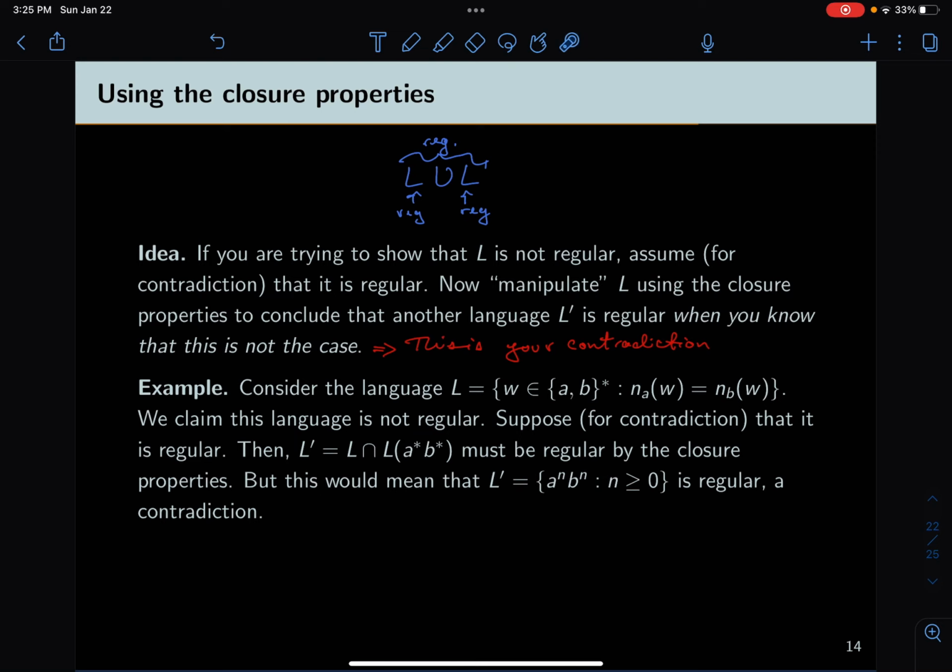Now, suppose, for contradiction, that it is. Take this language L and intersect it with the language denoted by the regular expression A star B star. In other words, L is all the strings that have an equal number of A's and B's.